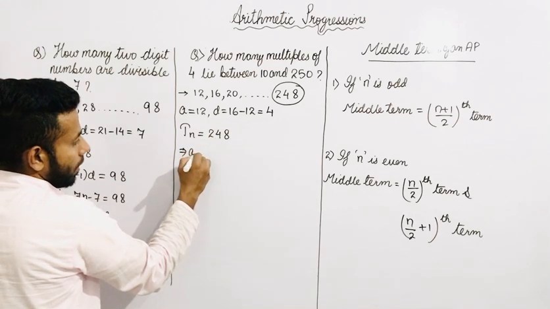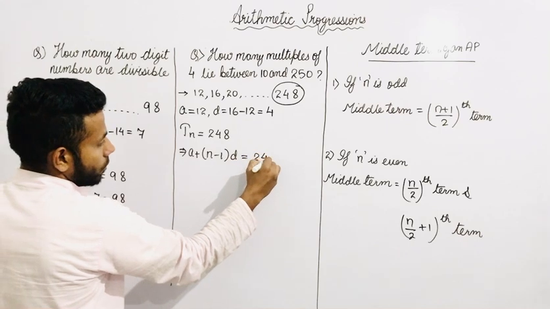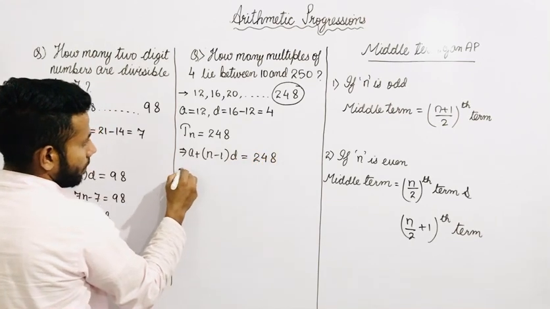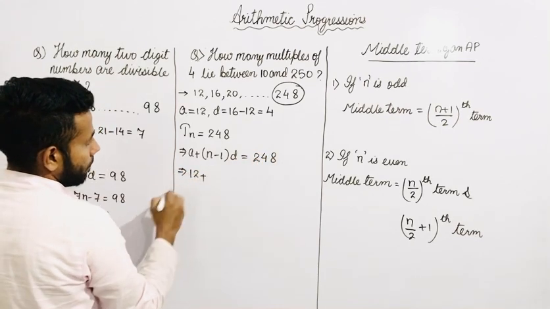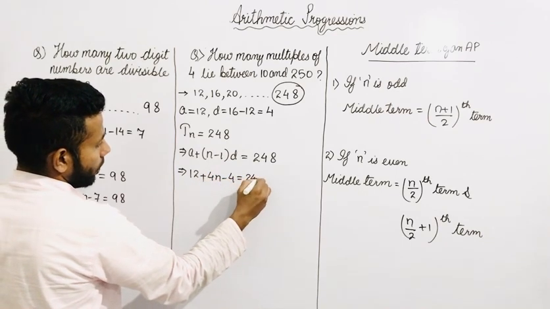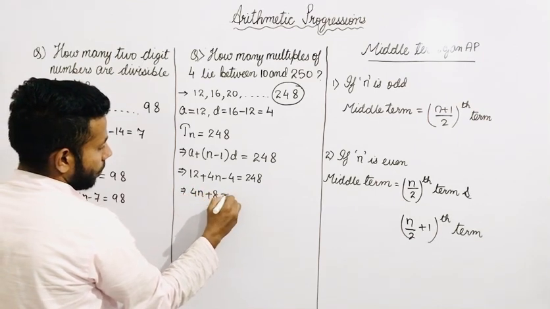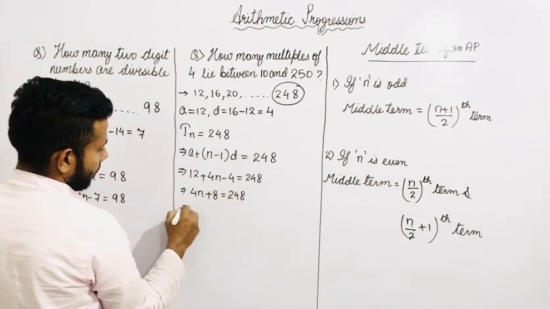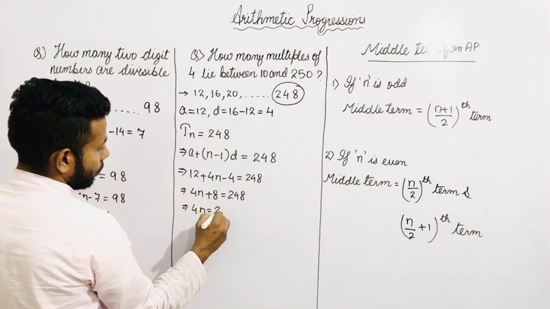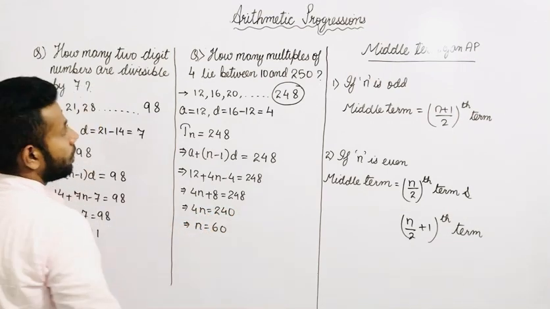So we solve it. a plus (n minus 1) into d equals 248. So it is 12 plus 4n minus 4 equals 248. It is 4n plus 8 equals 248. 4n equals 240. n equals 60.